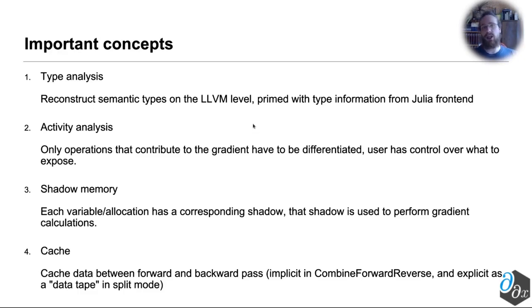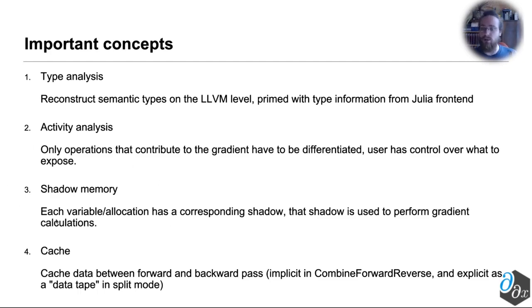And in Enzyme.jl, we prime this type information with what Julia knows about your program. Then the next important step we're doing in Enzyme is we perform activity analysis. So we look at your program, we look at the activity of the input arguments, and we determine which instructions in your program are relevant for the gradient calculations. And only those will then partake in the backward pass, and that greatly simplifies what we need to do.